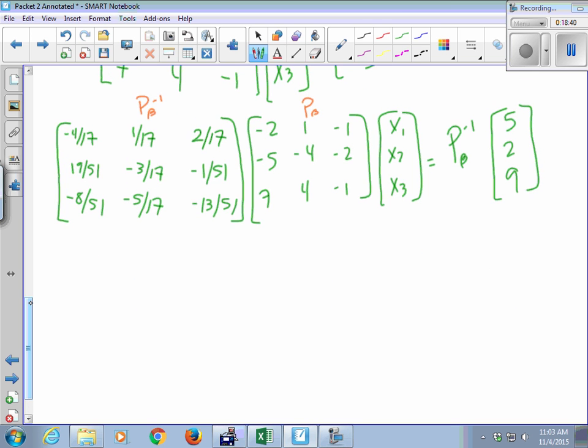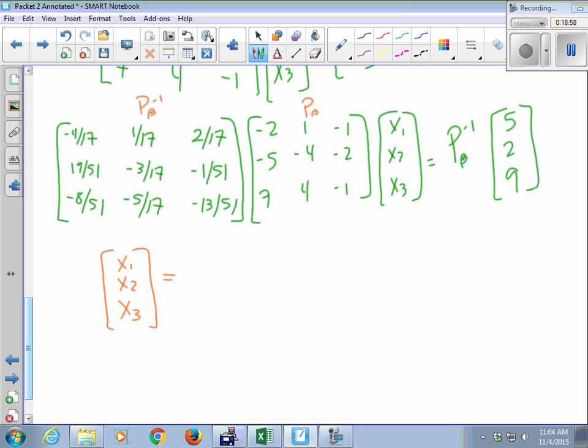All right, you can do it the other way. I just wanted to remind you there's another way to solve a matrix equation. P sub beta inverse times P sub beta is the identity, and the identity times a vector just gives you the vector x1, x2, x3.